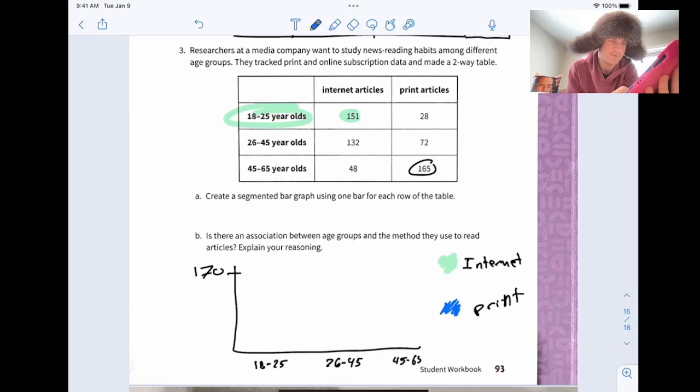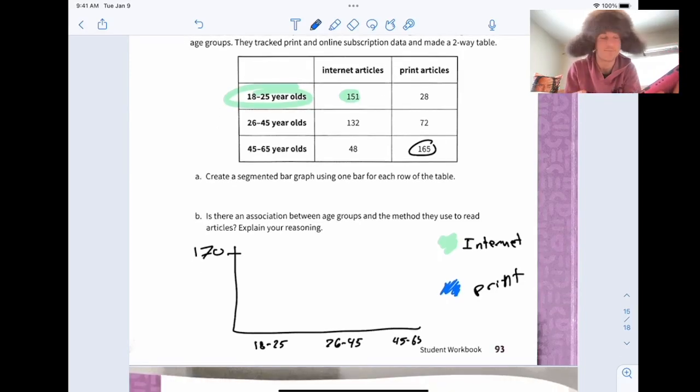So let's do, well, we've got all the way up to 170, right? Oops. So I'm gonna be very, very broad with this, okay? I'm just gonna estimate kind of where 28 is. All right, so let's say 28's right there, okay?